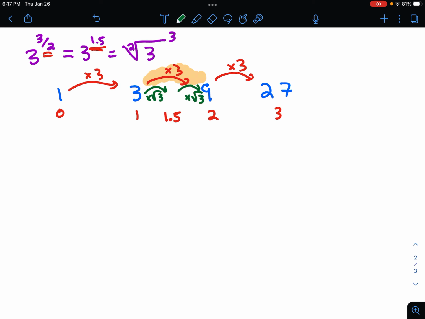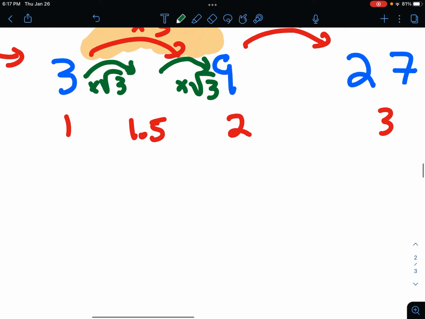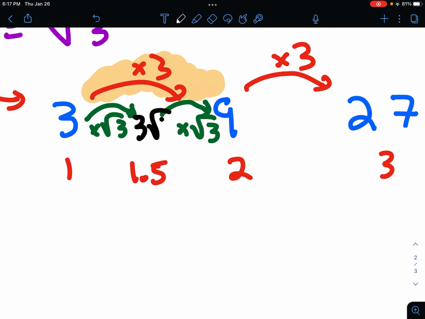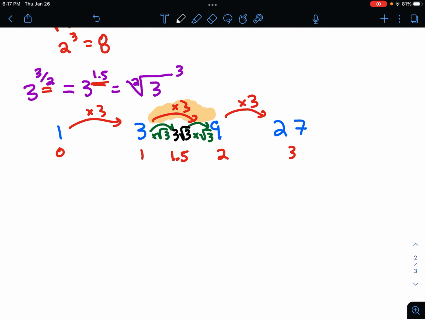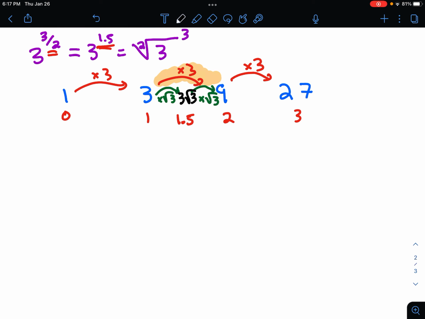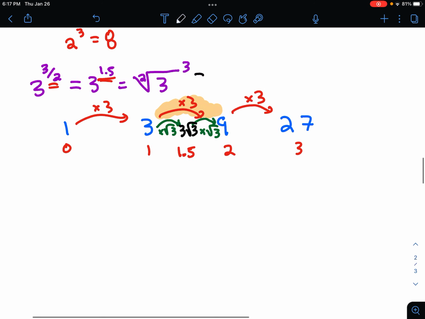And unlike the square root of 4, the square root of 3 is not a whole number. So the best we can do is express this simply as 3 times the square root of 3, or we could try to get to a decimal approximation. So this actually turns out to be equal to 3 square root 3 as well.